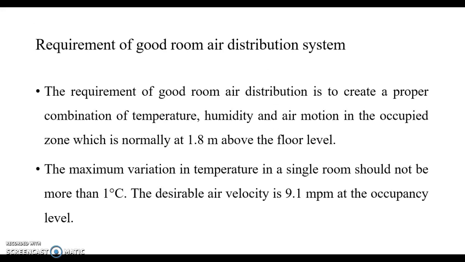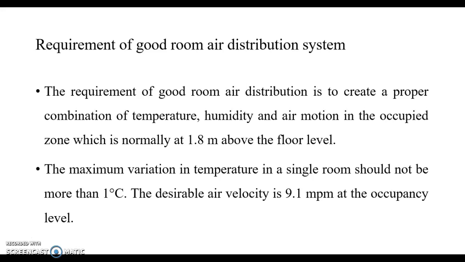Next, the requirement of a good air distribution system. The air distribution system should create a proper combination of temperature, humidity, and air motion in the occupied zone of the conditioned room, which is normally at 1.8 meter above the floor level.